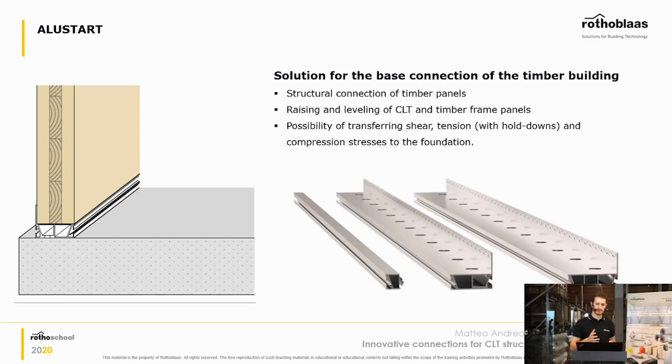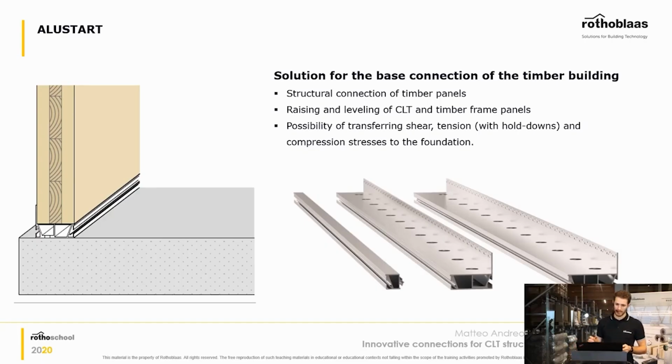You use CNC machinery to cut your CLT panels, and you just pour the concrete wall on site, and therefore sometimes you have big issues because they are not perfectly aligned, and that's a big issue for connections, and also sometimes for the resistance of the wall, which is not bearing completely on the concrete wall.